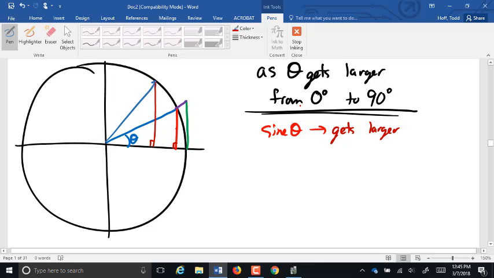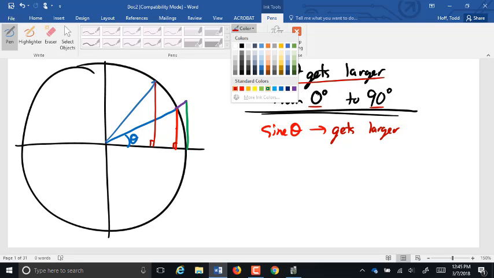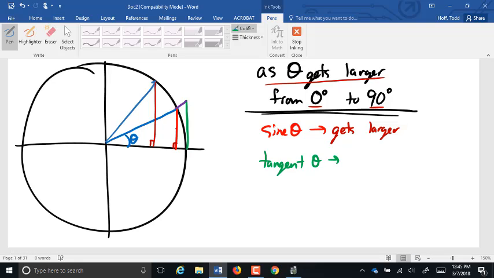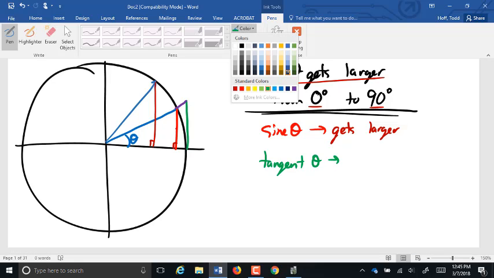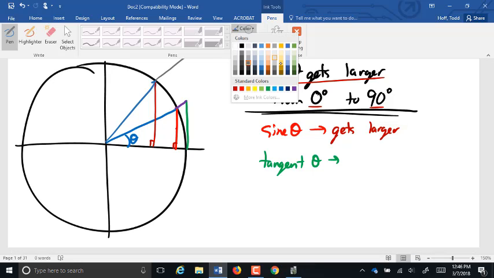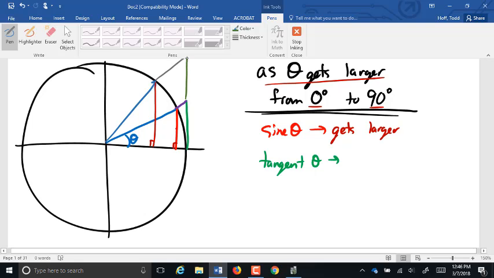So as we're going from 0 degrees to 90 degrees, as theta gets bigger, the sine of that angle gets larger. What happens to the tangent? If I extend this out here, the tangent has to get a lot larger too, doesn't it?